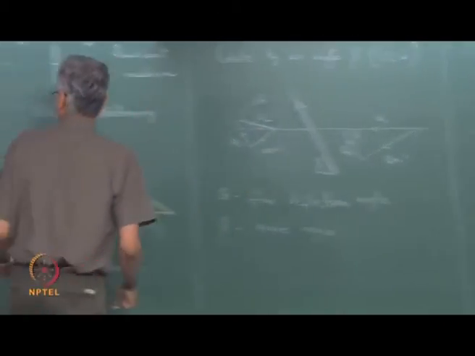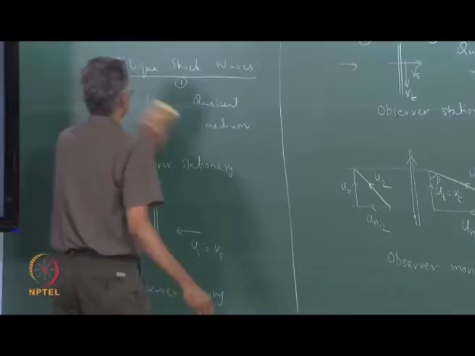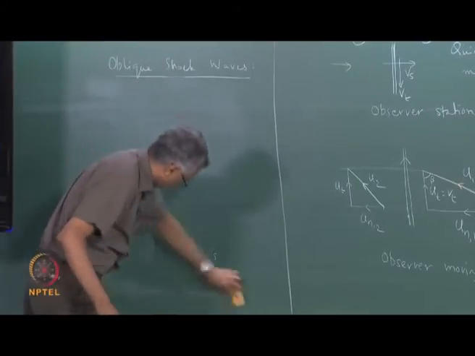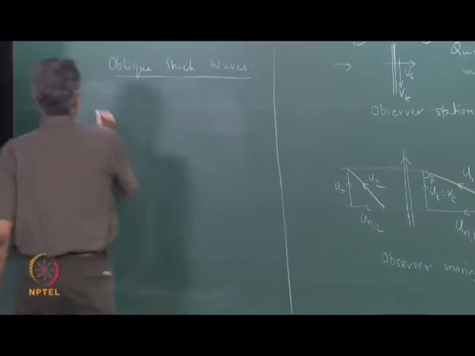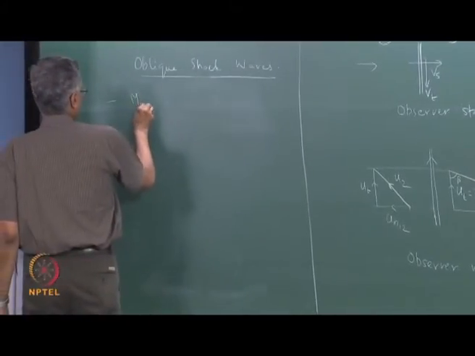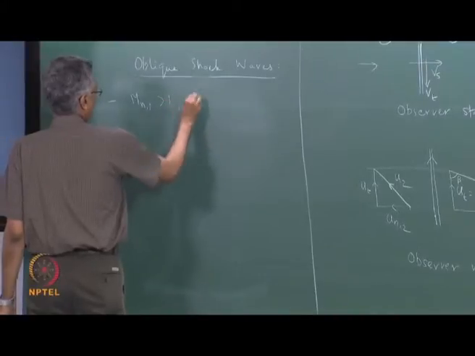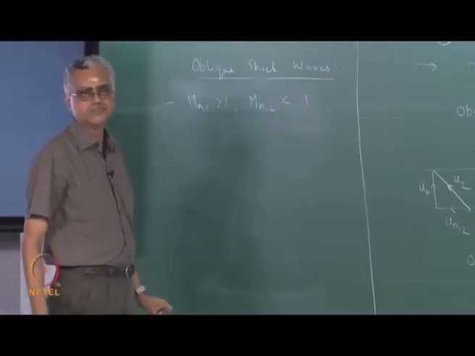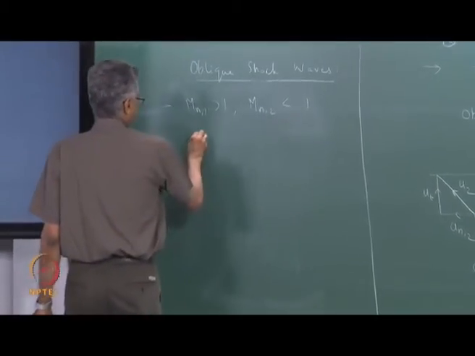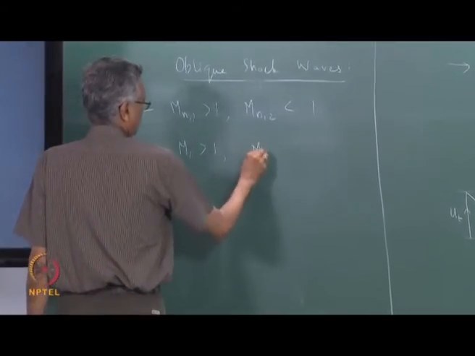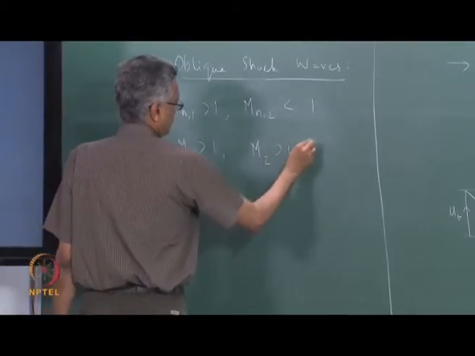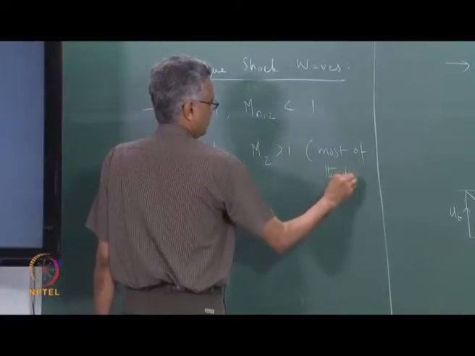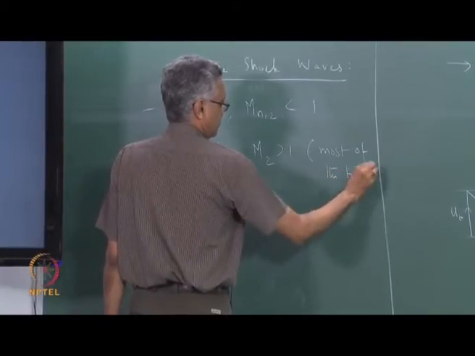That is the next important point which we will write down here. Mn1 greater than 1, Mn2 less than 1 always. M1 greater than 1, M2 greater than 1 most of the time. We will see when this is not satisfied.